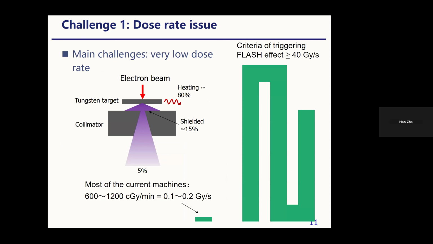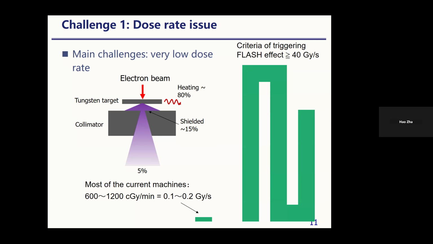But if we want to use X-rays, we come to the first major challenge, the dose rate. Most current clinical X-ray facilities deliver about 6 or 12 gray per minute, which is only 0.1 or 0.2 gray per second.